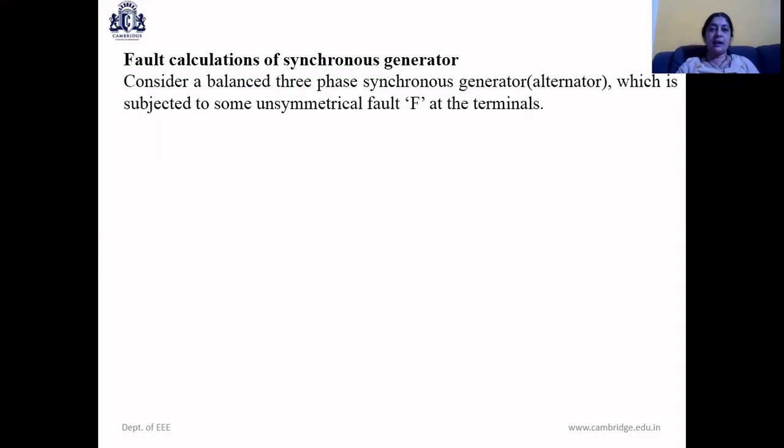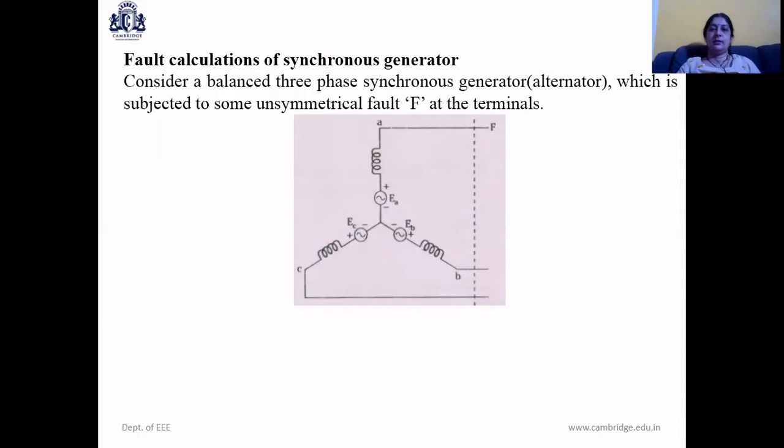So we are considering a balanced three-phase synchronous generator which is subjected to an unsymmetrical fault at its terminals. The diagram represents a three-phase synchronous generator. F is the point of fault, which is beyond the synchronous generator at its terminals.